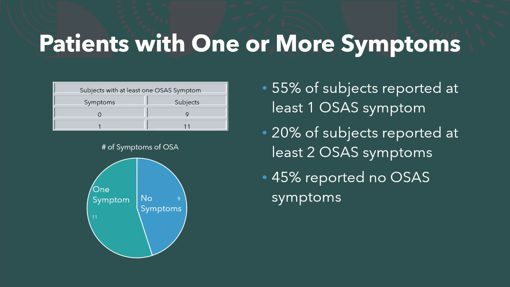Probably the most significant result from this data set is that 55% of patients reported at least one obstructive sleep apnea syndrome symptom out of the 3 listed, and 36% of those patients, or 20% of the total cohort, reported 2 symptoms.